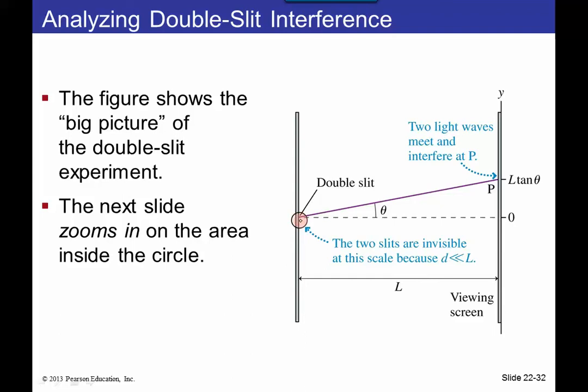And this distance from here to the screen, we're going to call that L. And this angle here, theta, gives you the location of the maximum that you want here at P. So now you have L, you have the location of the maximum, and this distance is L tangent of theta, right?